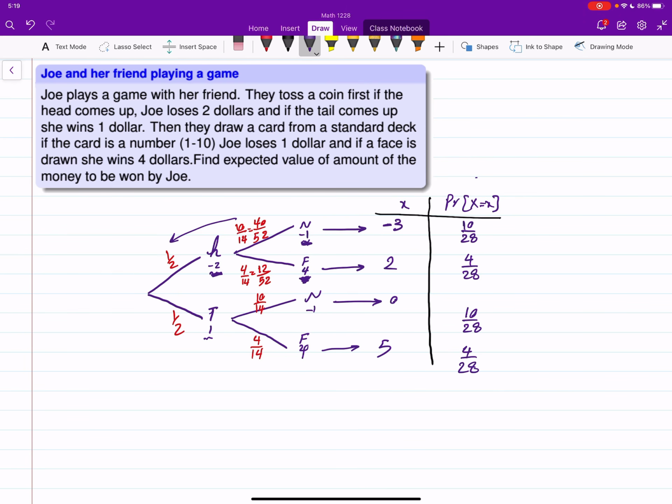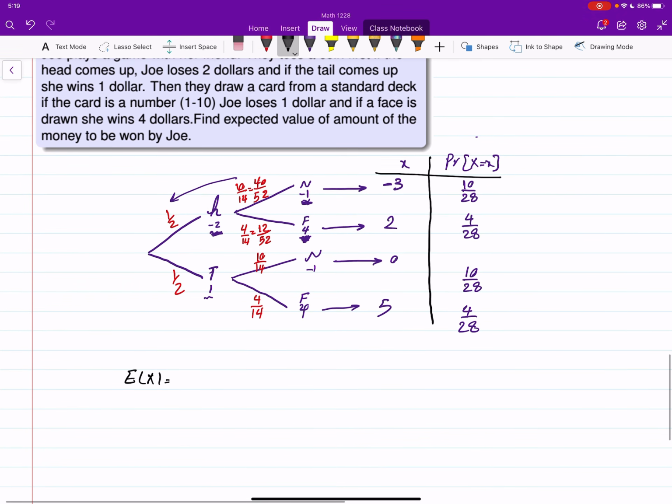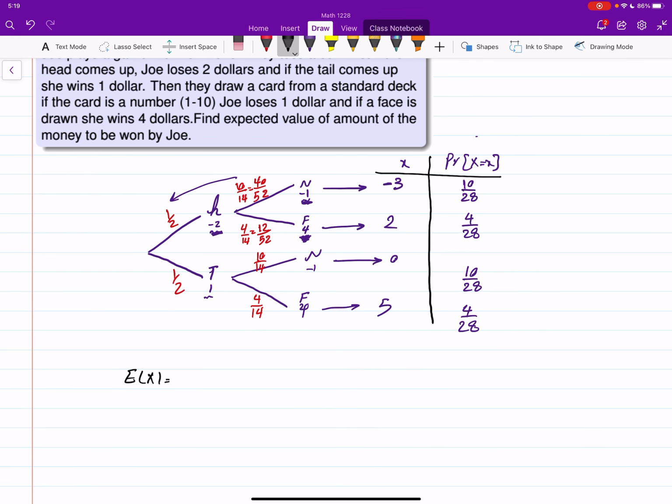So we have now our random variable with the values and the probabilities. So now the expected value of the amount of money that Joe wins is -3 times 10 over 28, 2 times 4 over 28, 0 times 10 over 28, and 5 times 4 over 28.